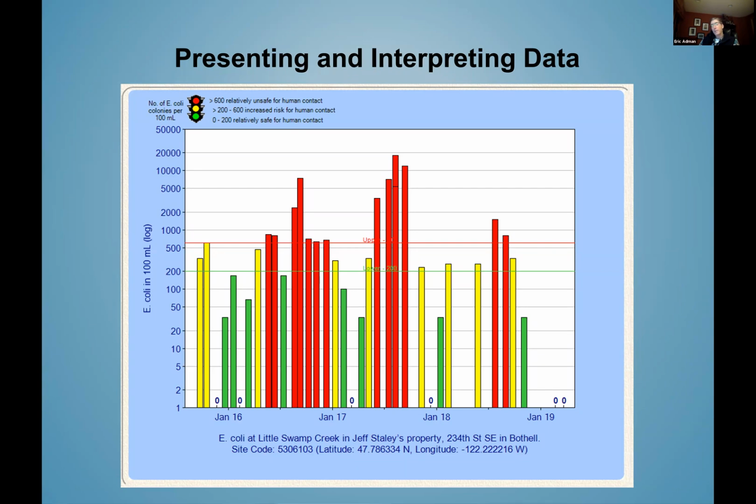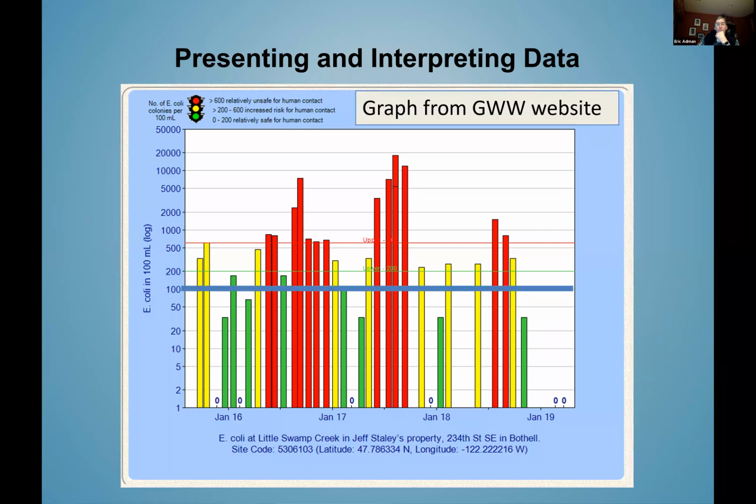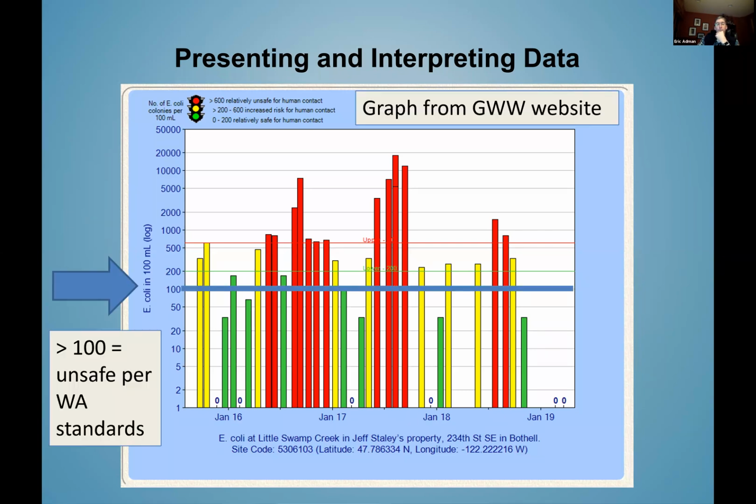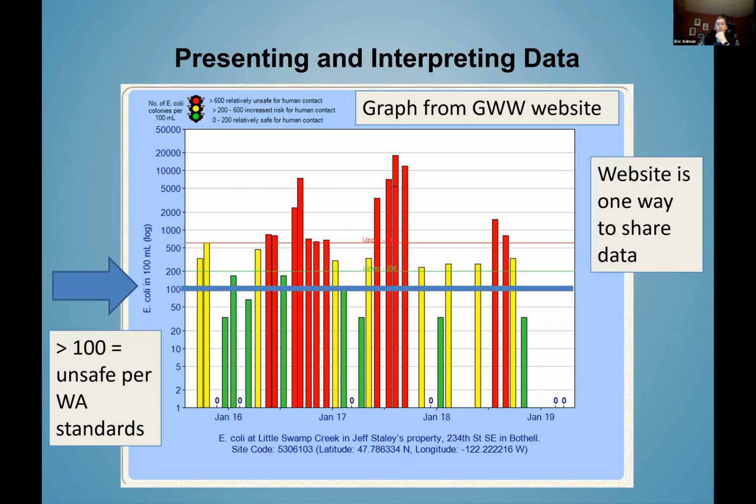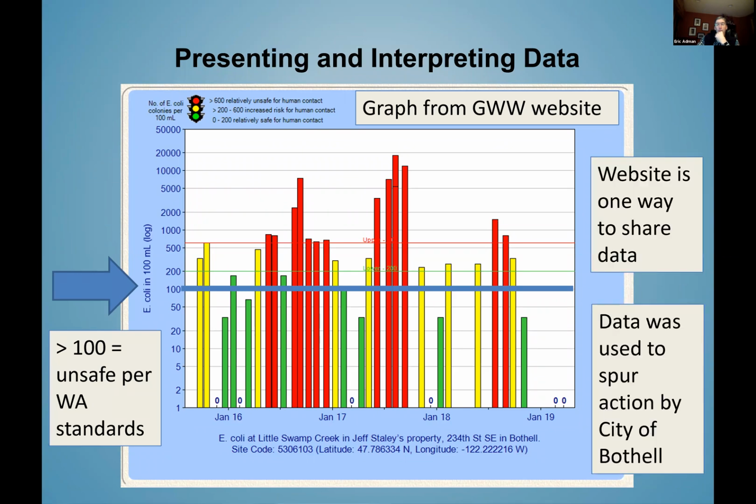Currently they're color coded according to Global Waterwatch standards, but we're going to get them to put a line in there for Washington State standards, so you can use that as well. This is an example of data on the Global Waterwatch website, and we used this to highlight the results that we were getting with the city of Bothell.